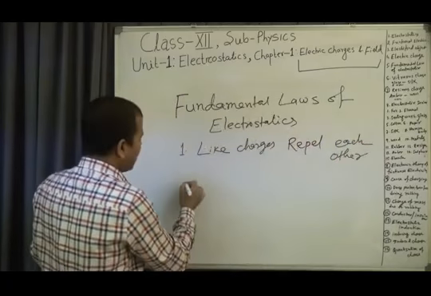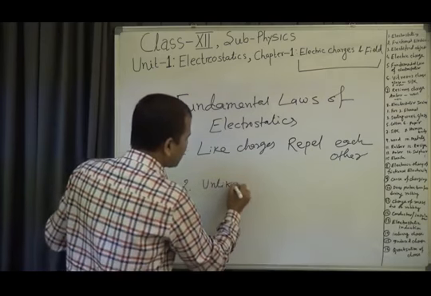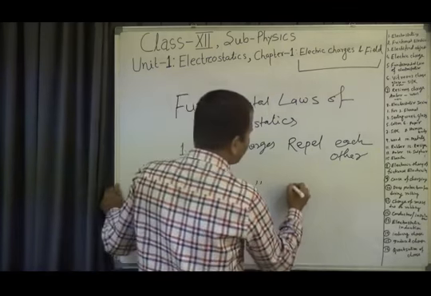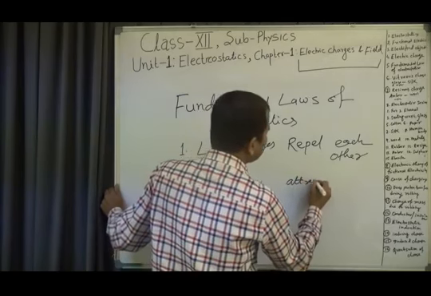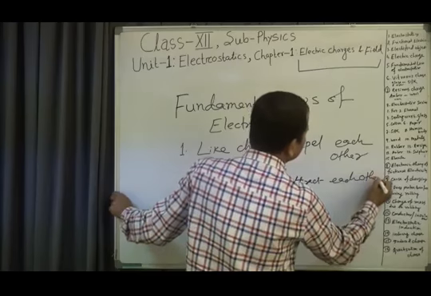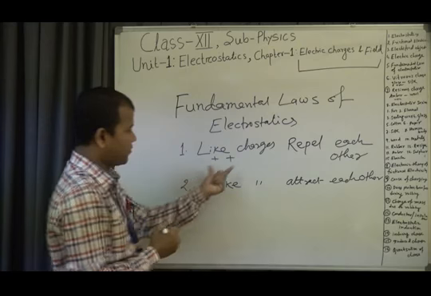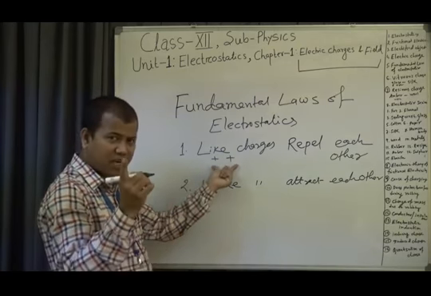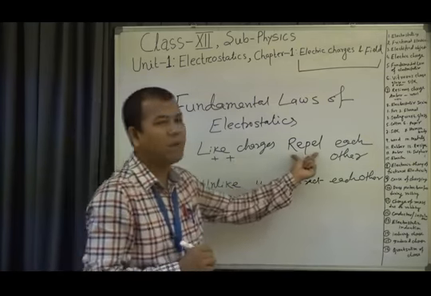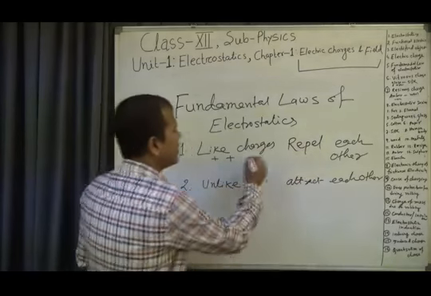And number two is, unlike charges attract each other. What I said? Like charges, suppose positive and positive. What will they do? They are similar charges, so obviously they will repel.